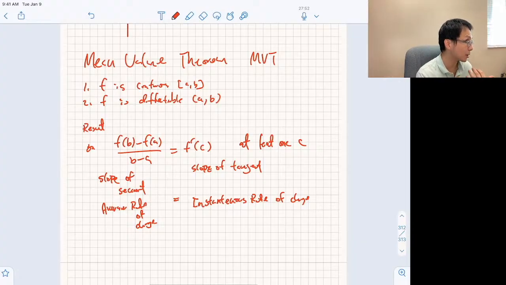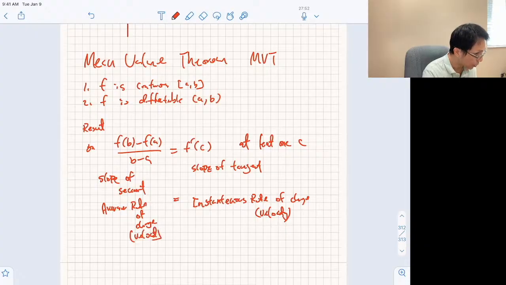Instantaneous velocity is equal to average velocity. So they can be in terms of velocity. Those are all very similar to the mean value theorem. And the way they ask is, when is the average rate of change equal to the instantaneous rate of change? Basically, they are asking about the mean value theorem. Okay.